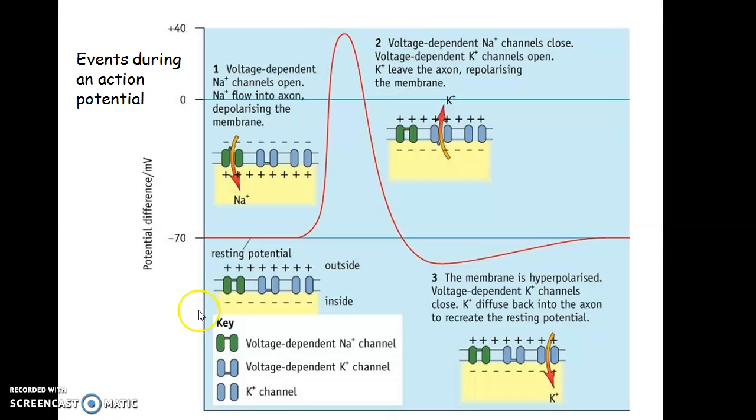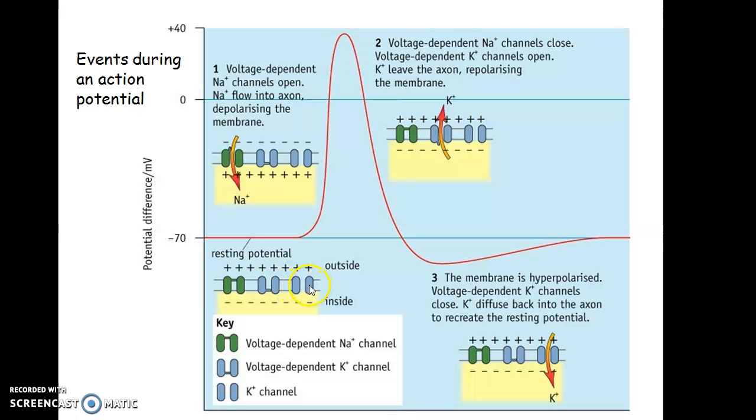Next, here is a diagram which shows the events during an action potential. When the membrane is at the resting stage, the outside is more electropositive as compared to the inside. Here I have shown the 3 types of channels or gates. The first are the voltage gated sodium channels, then the voltage dependent potassium ion channels, then this one is the potassium channel.